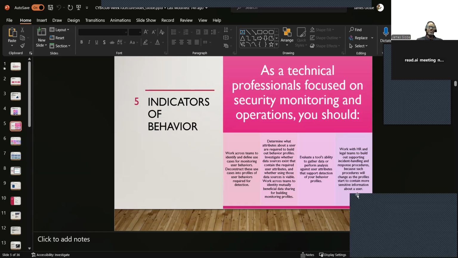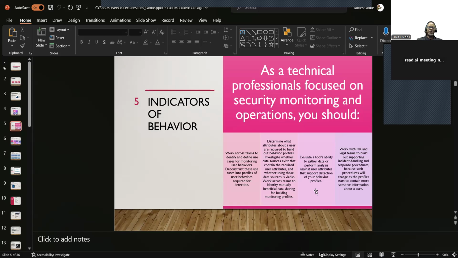You're analyzing all of that, and then what is normal. Once you determine what is normal, you baseline it so you can then look for what is anomalous to trigger alerts. That's your job as a security professional, to investigate the anomalous activity to see if it's malicious or not.